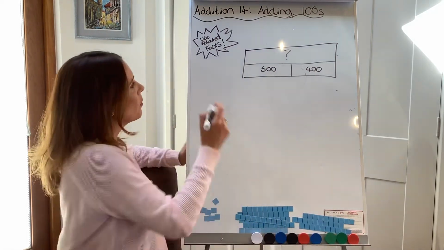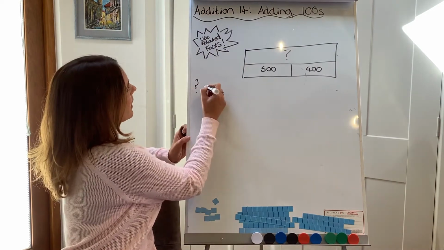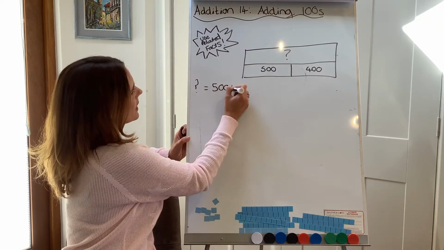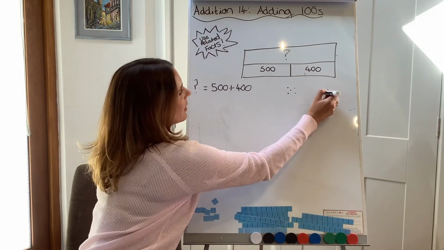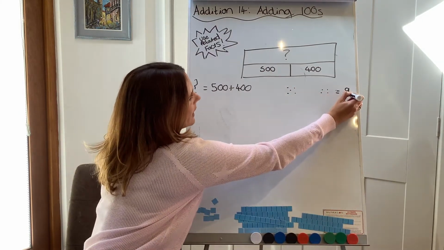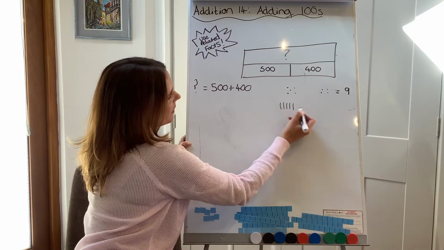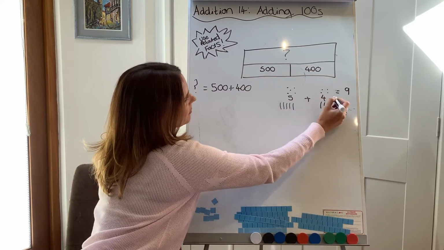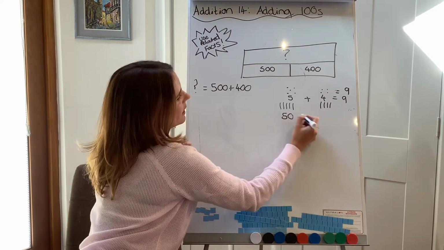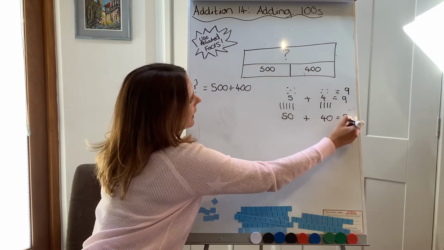Okay, so we've got something is equal to 500 and 400. Well, we know that 5 and 4 is equal to 9. We know that 50 and 40 is equal to 90.